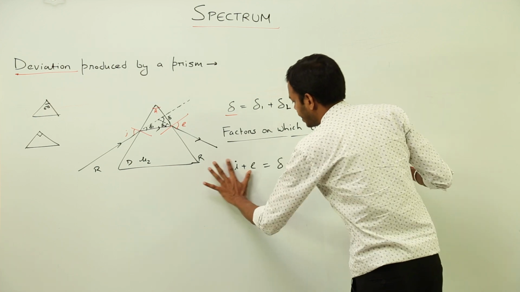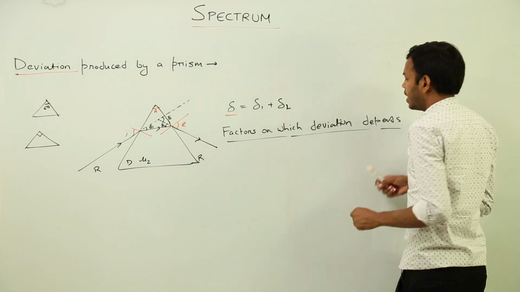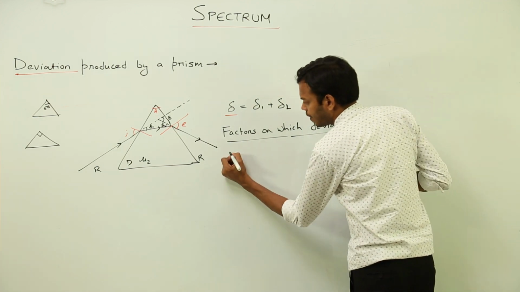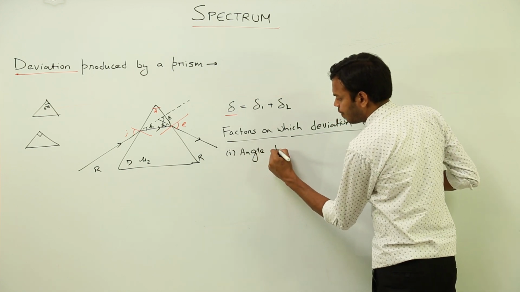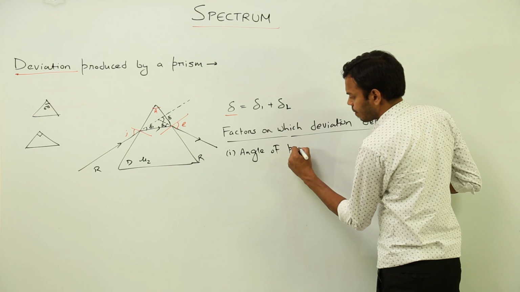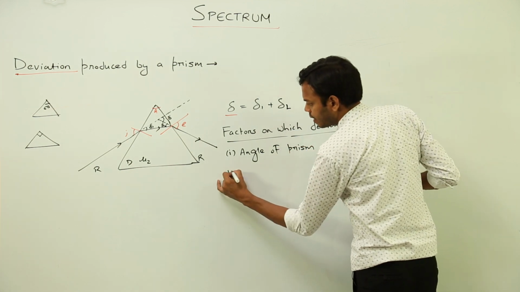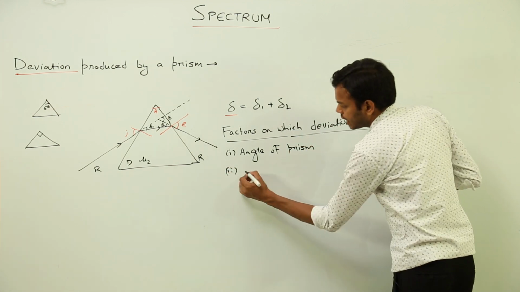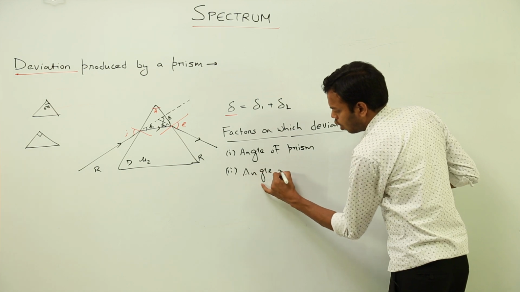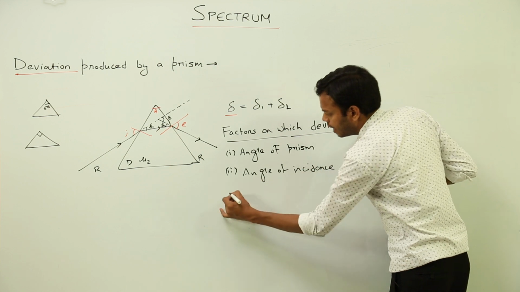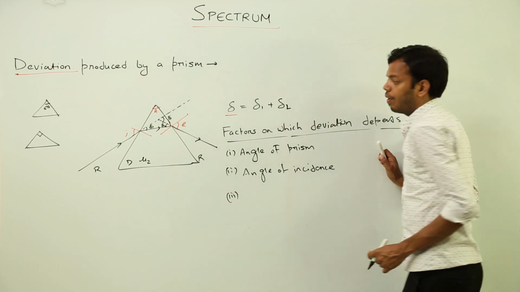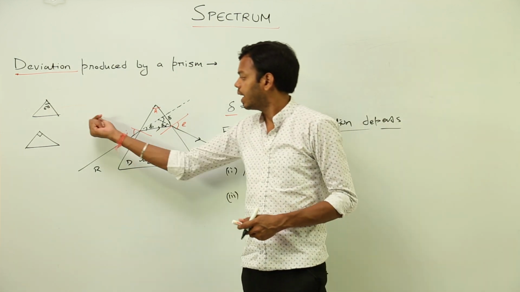So the factors on which the deviation depends are, first of all, angle of prism, second, angle of incidence, and the third one, what if the ray is coming along the normal?